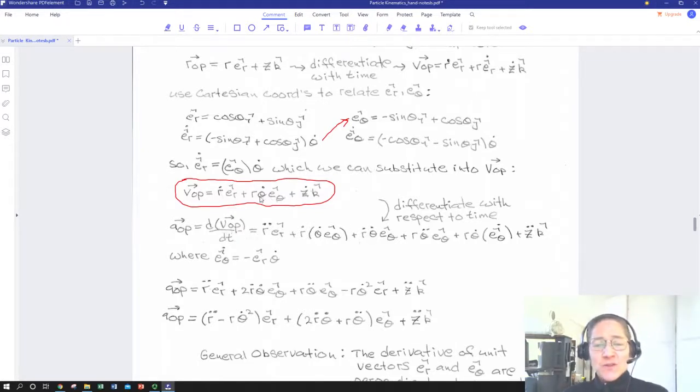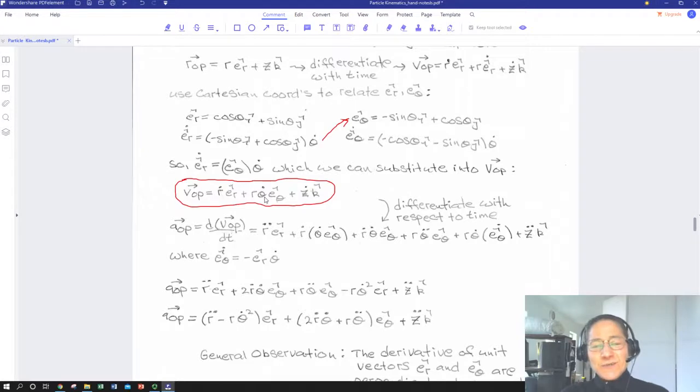Okay, so the first one's pretty easy. The derivative of r with respect to time is just r dot, so I end up with r dot theta dot in the theta hat direction. No problem. Now I'm going to take the time derivative of theta dot. I get theta double dot, so d squared theta dt squared times r, again pointed in the theta hat direction.